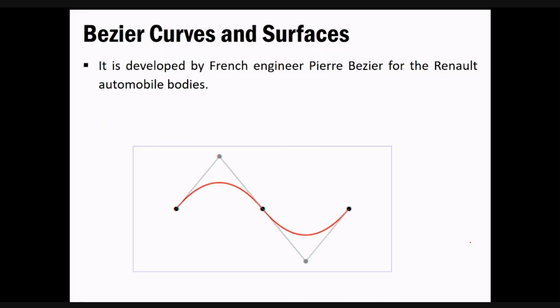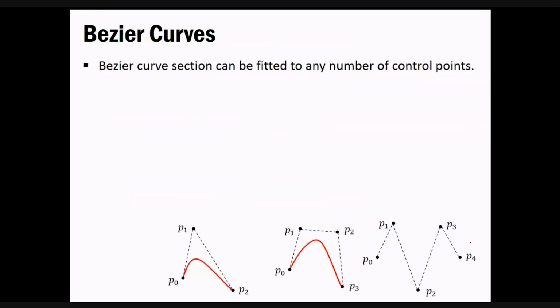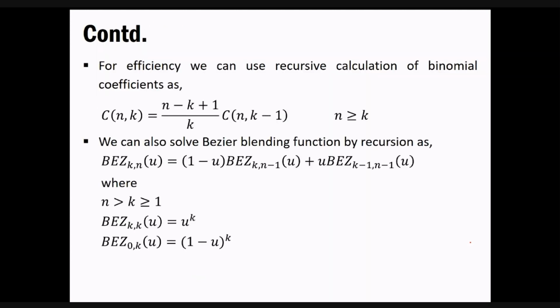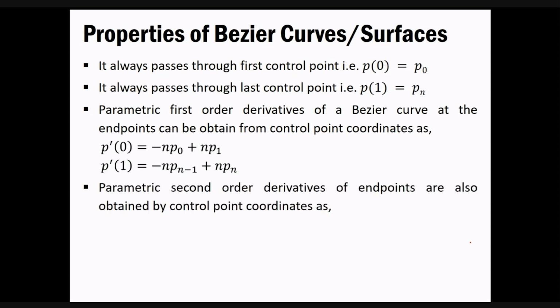Then we'll go with the one thing that is very important to us, that is the Bezier curve, and we try to understand the basic concept of the whole of this. That's it for today. I will share all of this with you, and if you have any doubt, you can ask me.